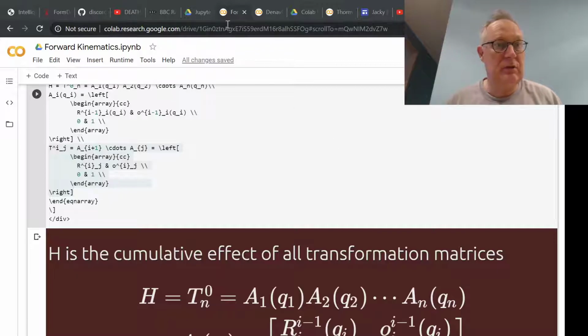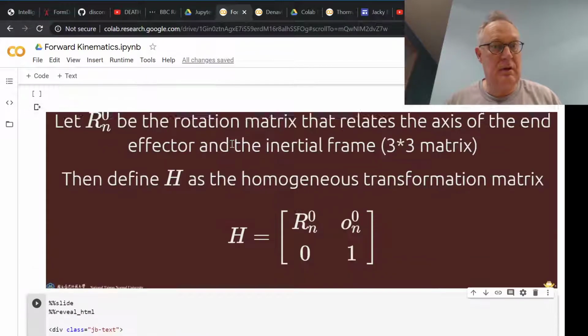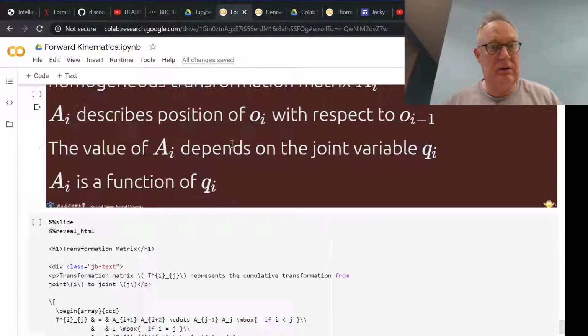How come text decoder? Let me just run the forward kinematics.